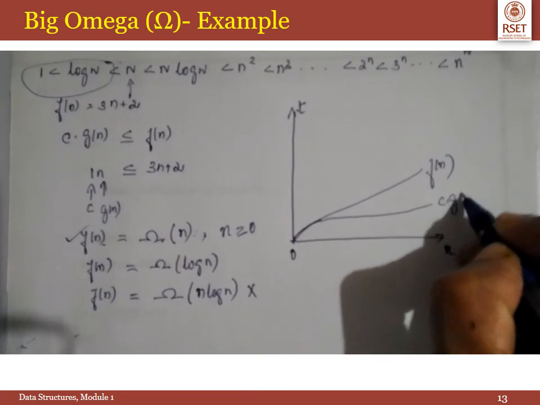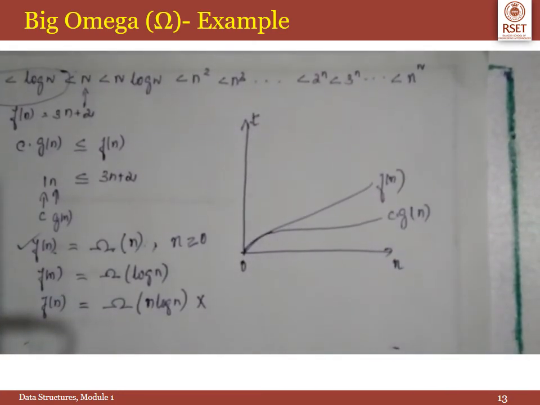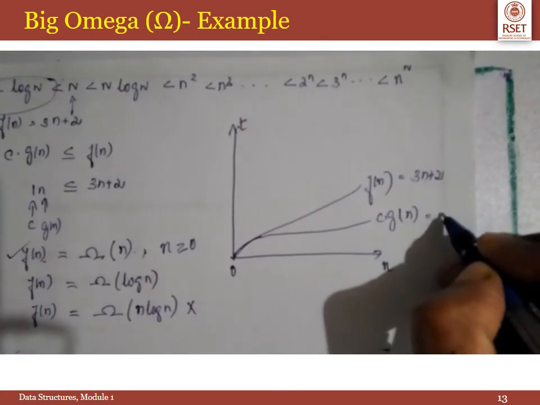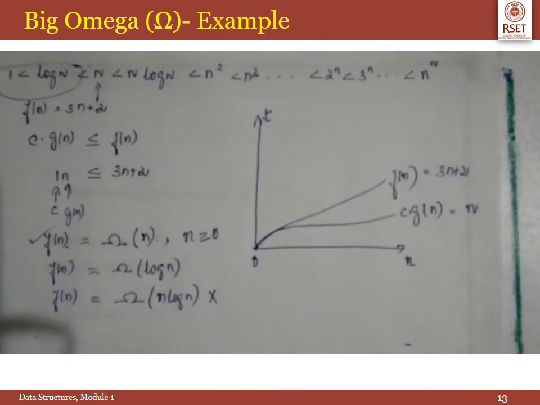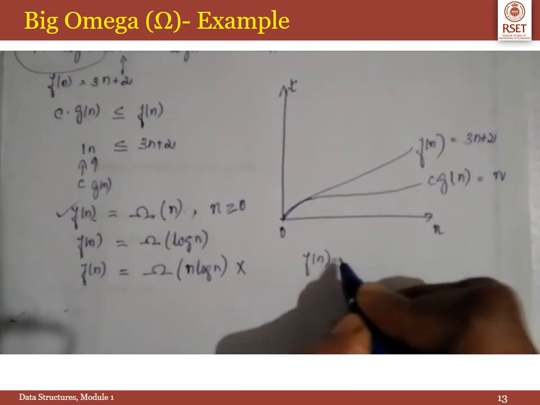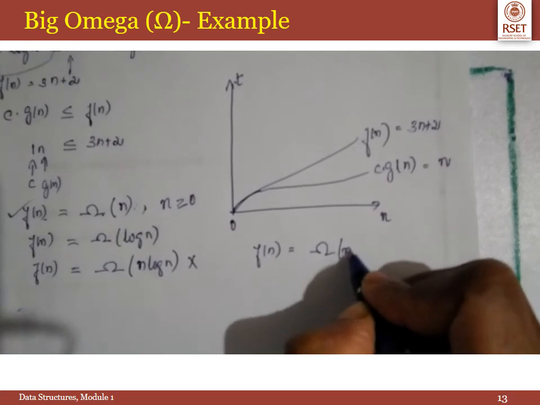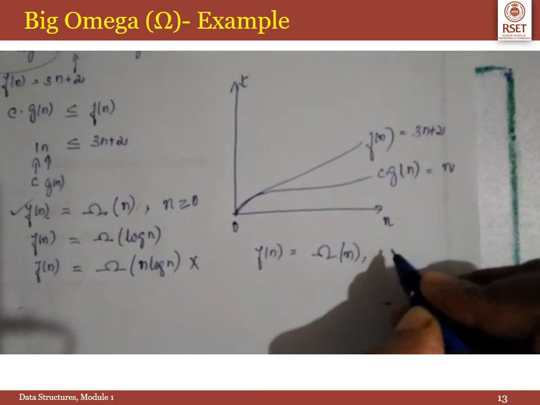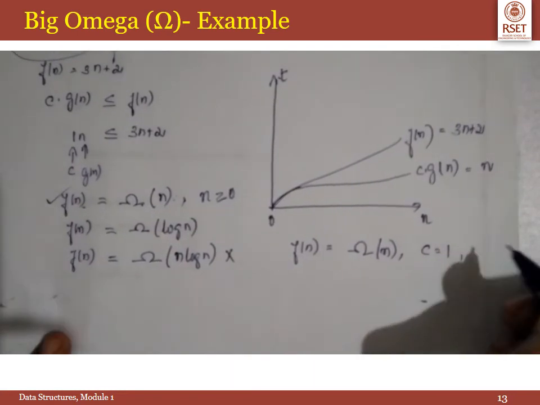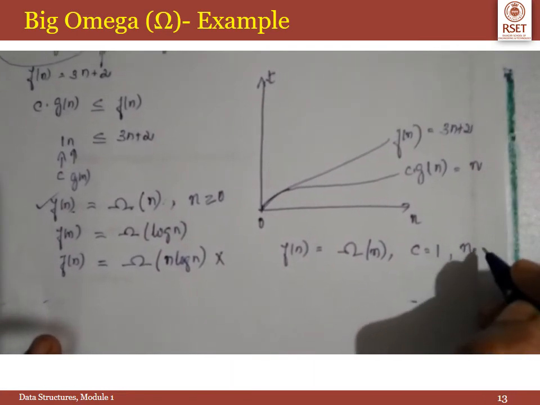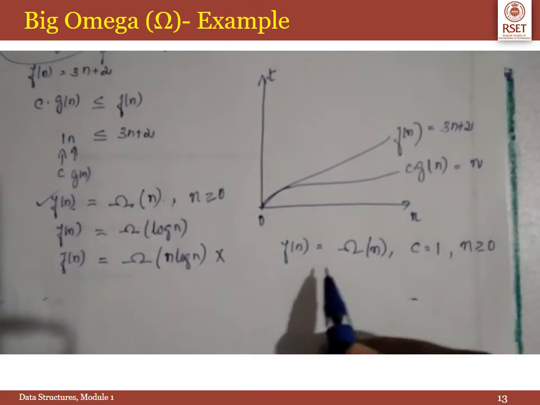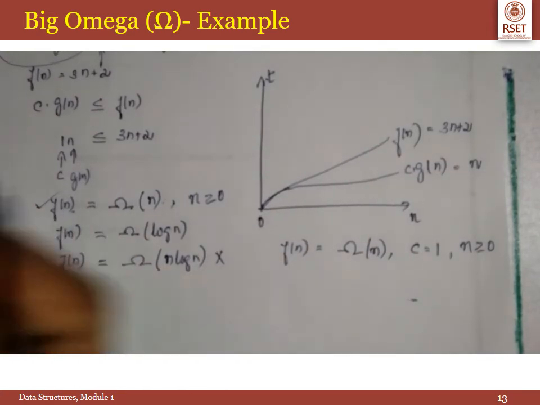This is my c into g of n. This is nothing but my function 3n plus 2, and this is the function n. So I concluded I can write f of n as omega of n, provided there exists a positive constant c equal to 1, which is true for all values of n greater than or equal to 0. So that is the big omega value.